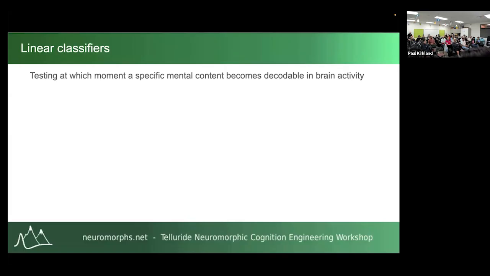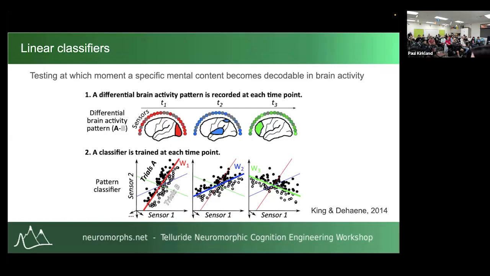The idea is to test at which moment a specific mental content or neural representation becomes decodable in brain activity. You do that because you have the EEG signal, a time series for each electrode, and you look at each sample.